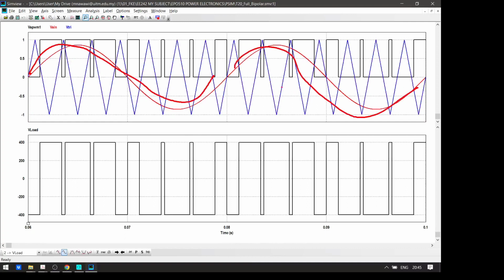So let's see how to determine whether it's an even waveform. You just simply reflect with respect to the y-axis, and the reflection should equal the original waveform, isn't it? So I'm going to rearrange, reposition, so that the waveform starts from here.